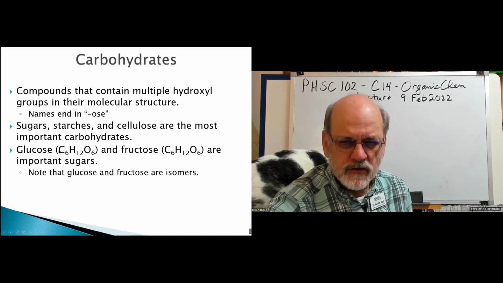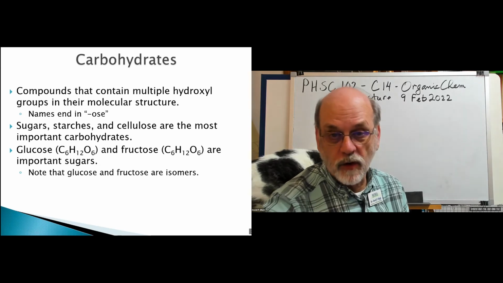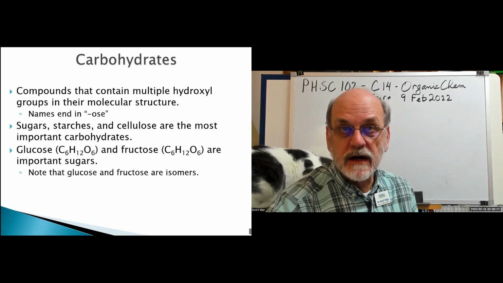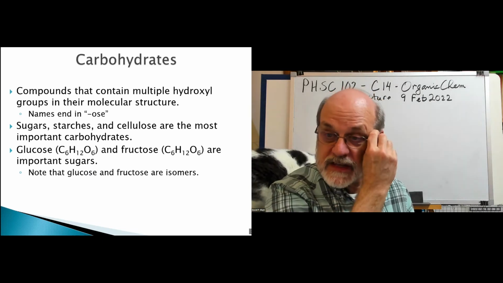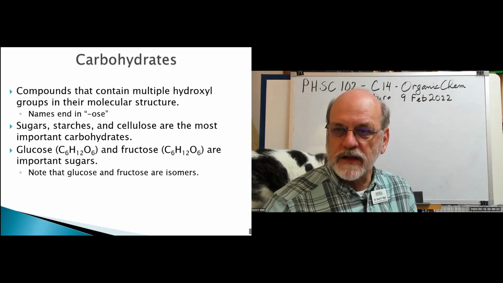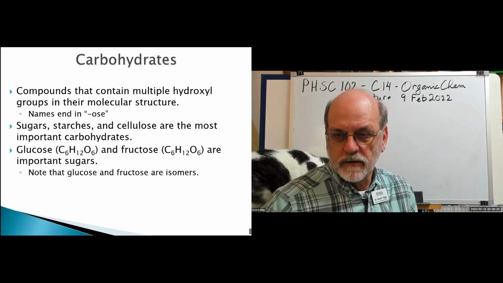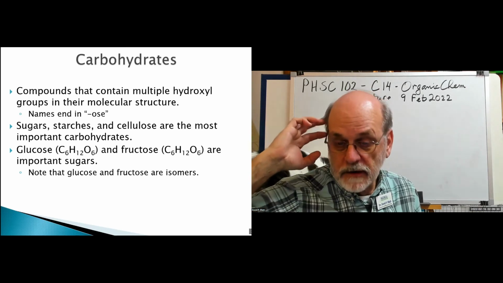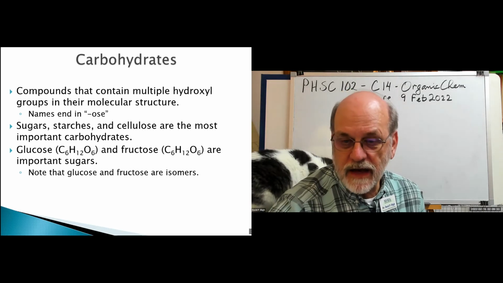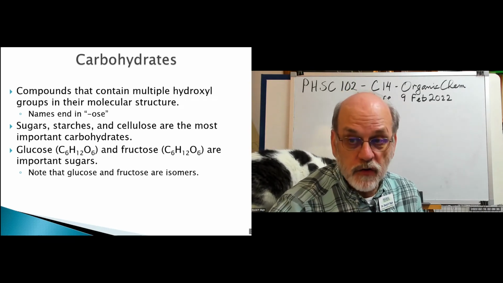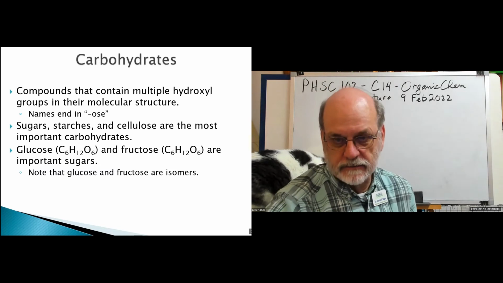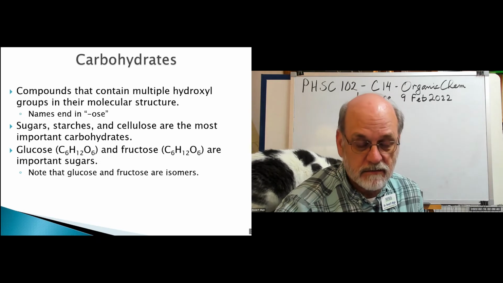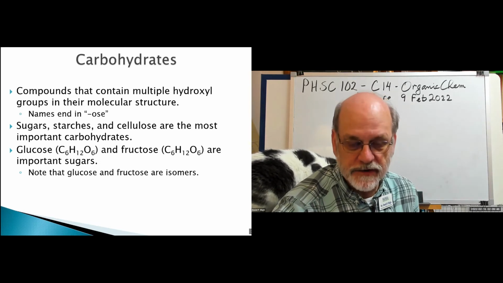Glucose is extremely important carbohydrate for our metabolism. Glucose is the currency in our bodies for transferring energy from digested food to all of our cells. That's glucose. So if you know anybody that's got diabetes, they monitor their glucose level in their blood plasma. If it gets too high, then you have consequences, serious consequences.